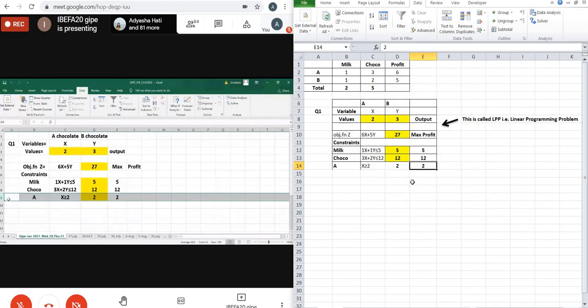In what ratio will milk and chocolate be used so that profit is maximum, both A and B will be produced, and nothing is left in the kitchen?